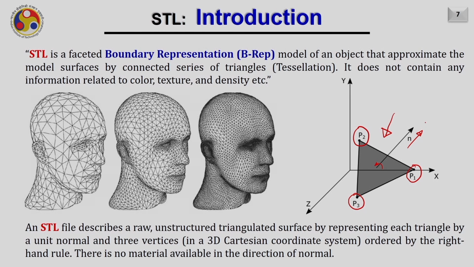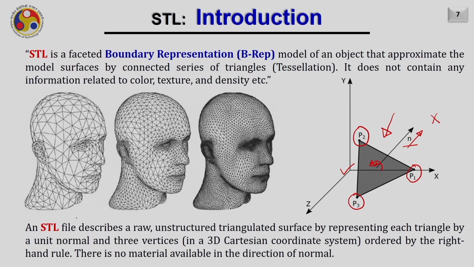Usually in the direction of the normal there is no material and in the opposite direction there is material available. Usually these vertices are ordered in such a way that if I apply the right hand rule, I can represent its normal. There is no material available in the direction of the normal, like I already mentioned.